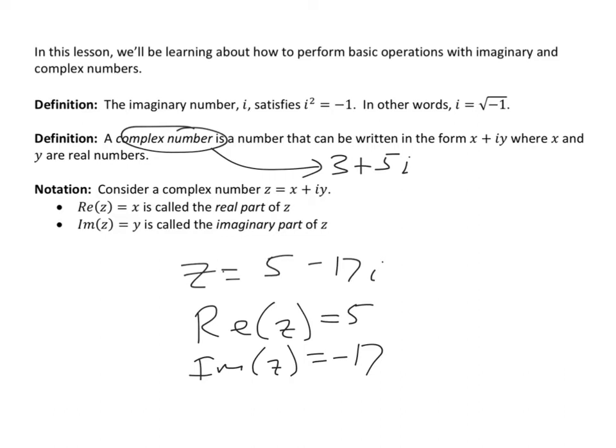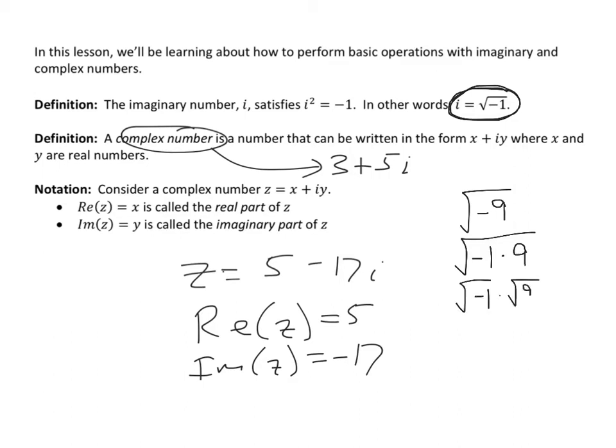One more thing that I might mention here, and it's probably something that you already know from when you learned the quadratic formula in the past, but just because we defined a new number for the square root of -1 does not mean that I also need a new number for the square root of -9. If someone asked you for the square root of -9, you could really just see this as the square root of -1 times 9. In other words, the square root of -1 times the square root of 9.